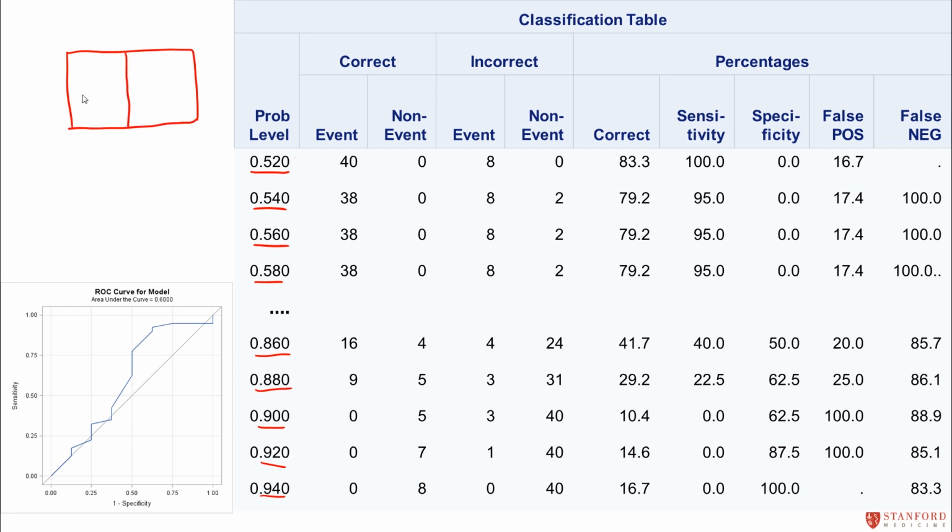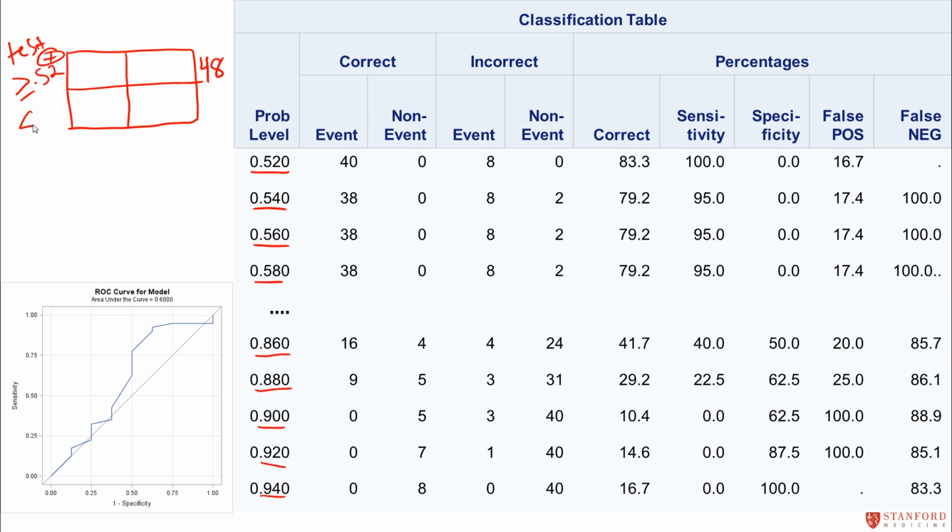So we can make a little 2x2 table here. If your predicted probability is greater than or equal to 0.52, you're classified as book smart. That is a positive test. All 48 people are going to be classified as book smart.